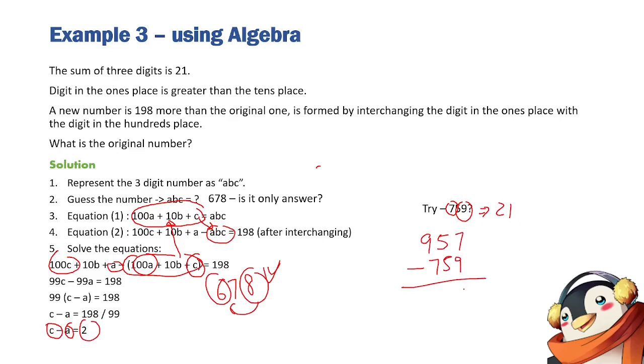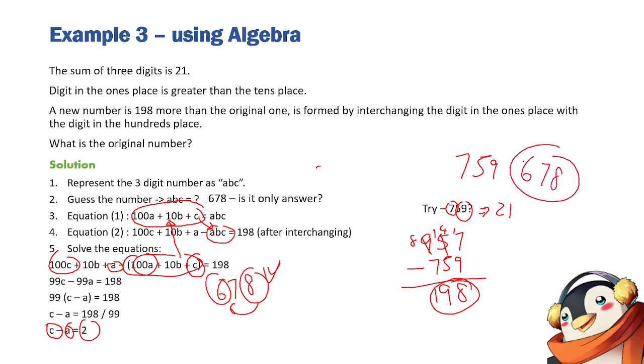What do you get? 8 here, right? 9 here, and because it's carried over, here becomes 1, so you get 198 as well. So the other answer is 7, 5, 9, and one answer is 6, 7, 8. So there are two answers.